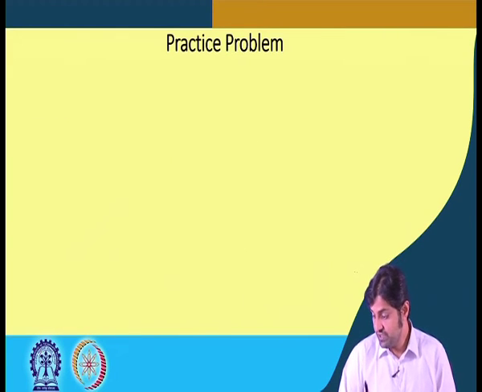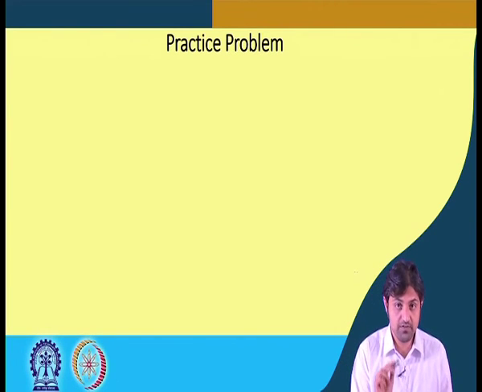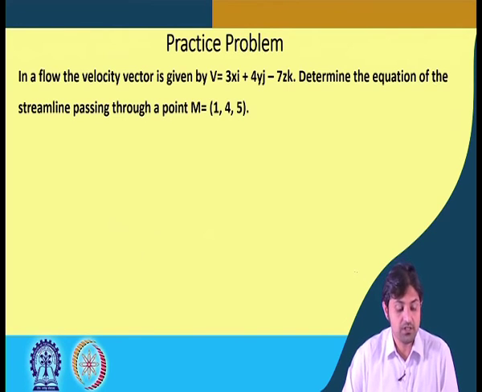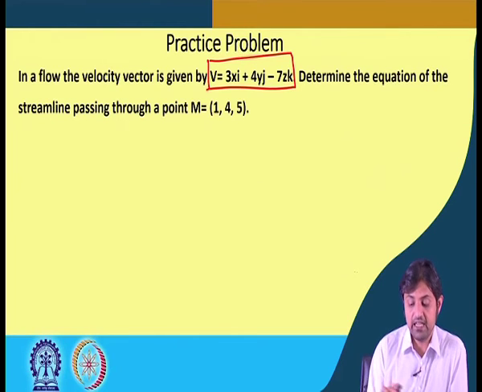So now we will end this lecture with this practice problem. The question is, in a flow the velocity vector is given by 3x i cap plus 4y j cap and minus 7z k cap.